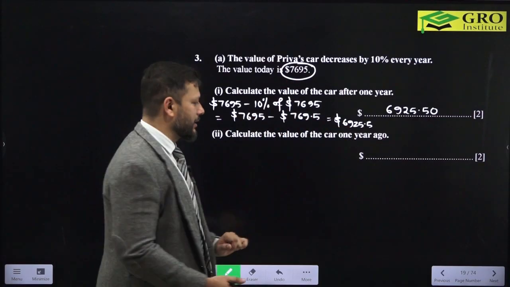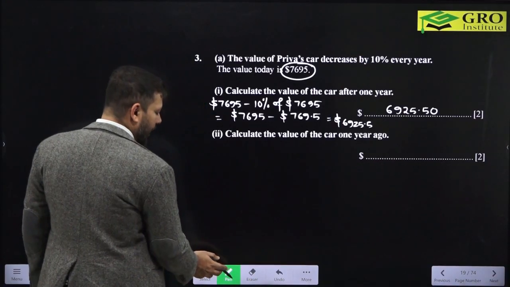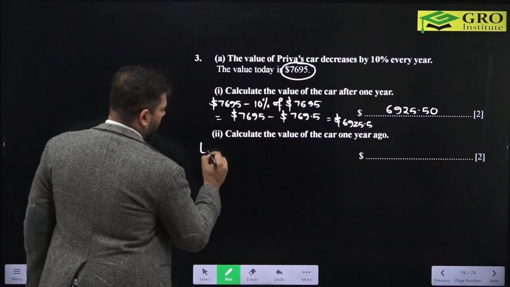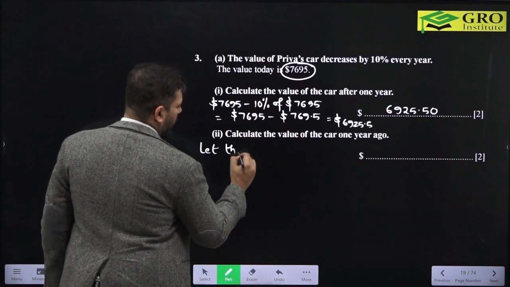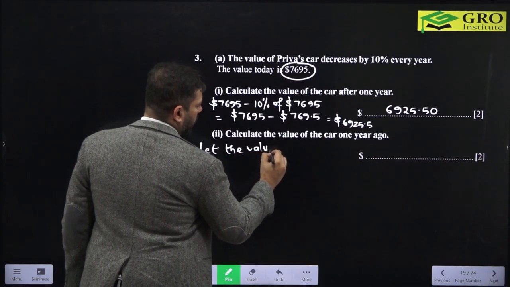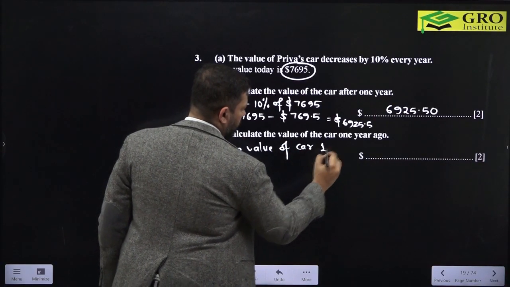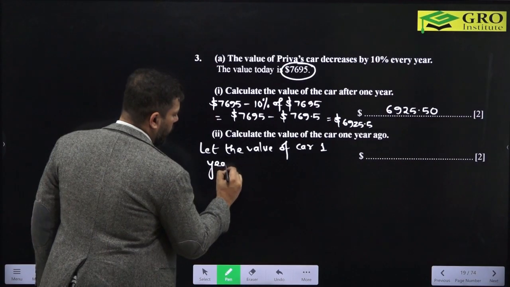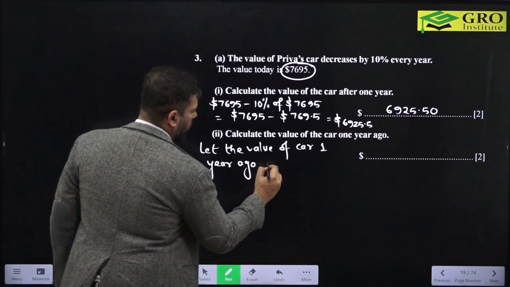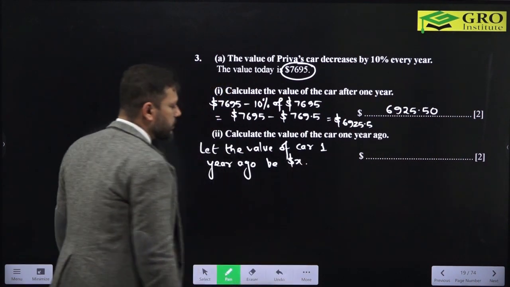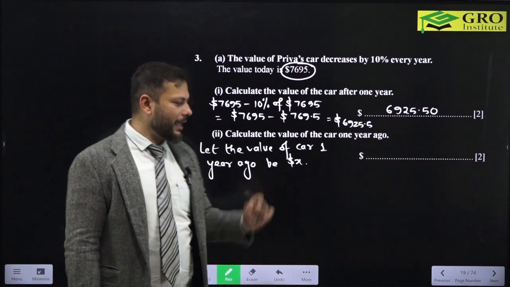So if it is the case, let us assume that the value of the car 1 year ago be X. Let us write it. Let the value of 1 year ago be X dollars, isn't it, guys? We have taken it to be X dollars.